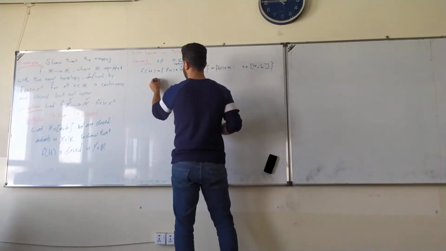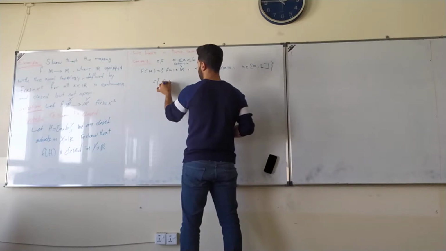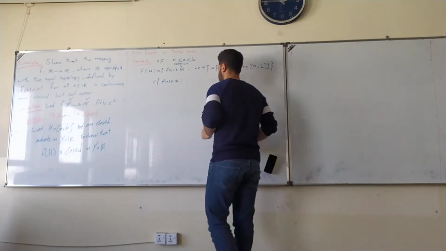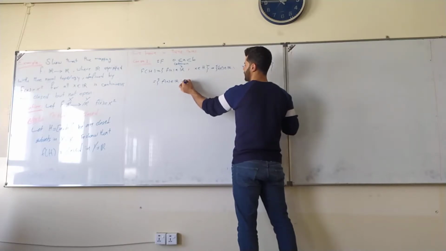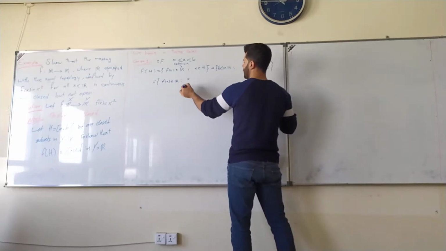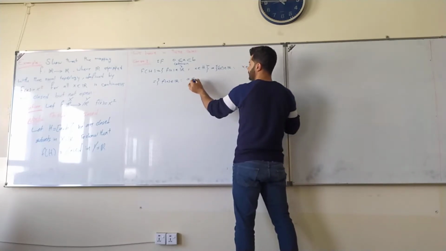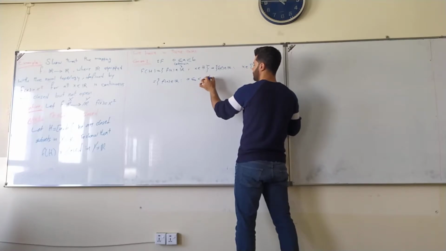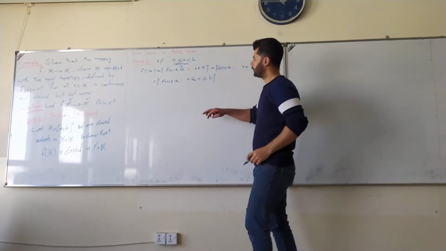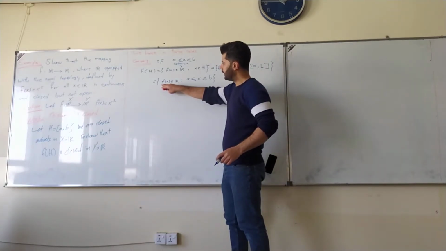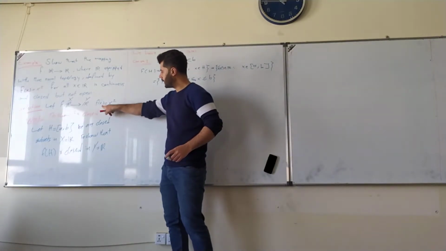And then this gives us the inequality A less than or equal to x, which is less than or equal to B. And then we want to find f of x, and f of x is defined by x squared.